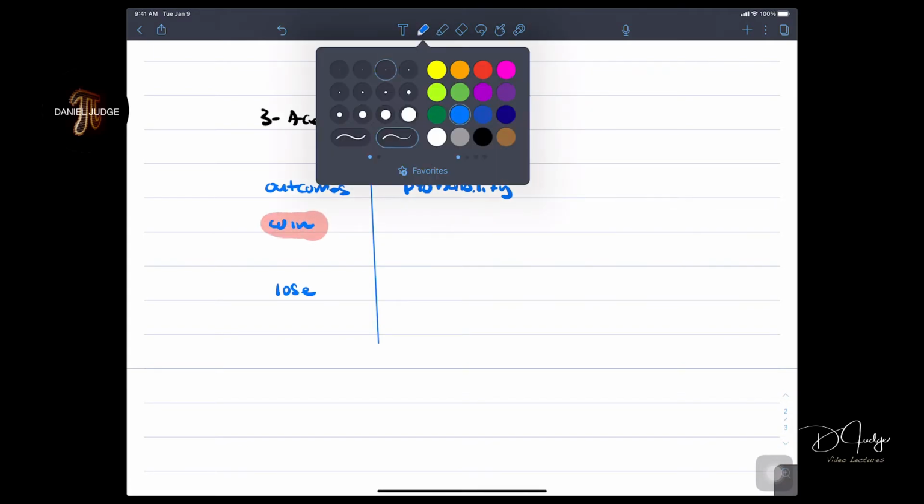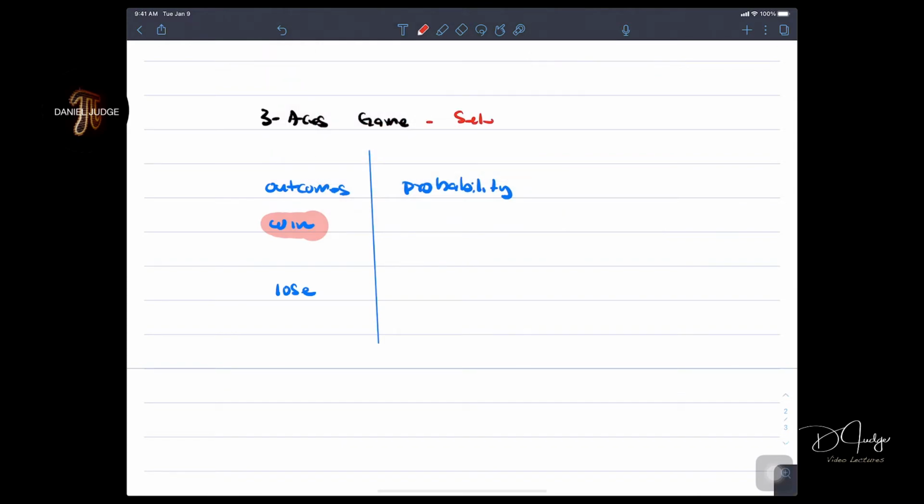So we can compute that probability. 4 over 52, 3 out of 51, 2 out of 50. So this is the probability of actually winning this particular game.